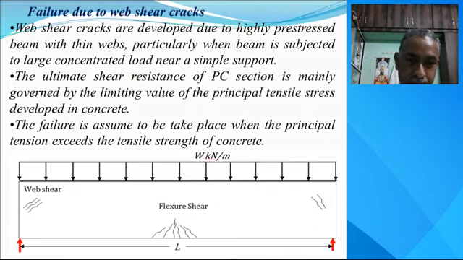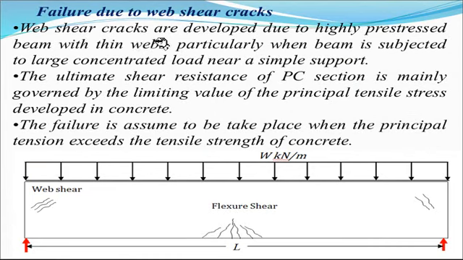Now, when we discuss failure due to web shear cracks, these are the cracks developed due to the shear force. We know that because of the principal stresses, diagonal tension will be developed near the support.